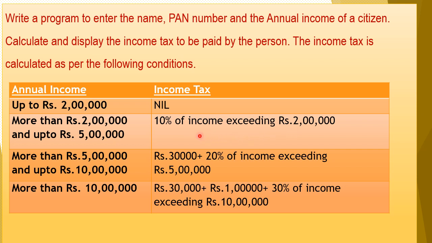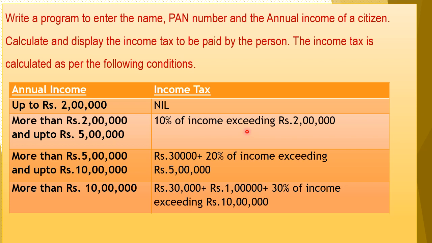Listen here, the income tax to be paid by the person is 10% of the income exceeding 2 lakh. For example, if the person has an annual income of 3 lakh, he has to pay an income tax of 10% of the income exceeding 2 lakh.